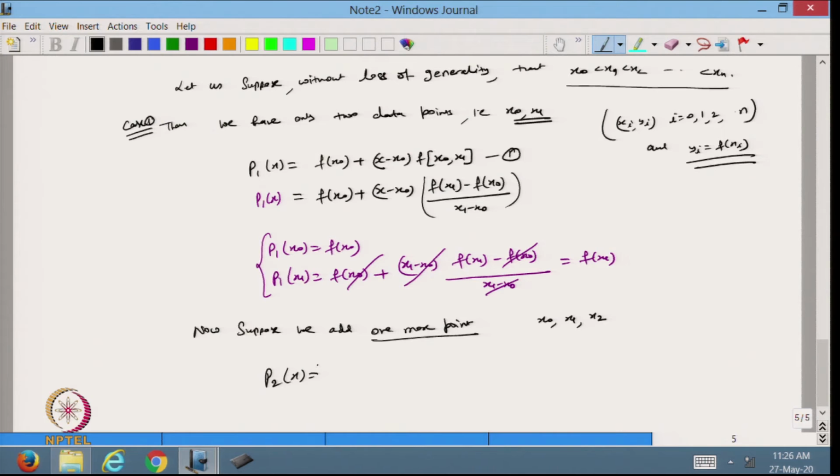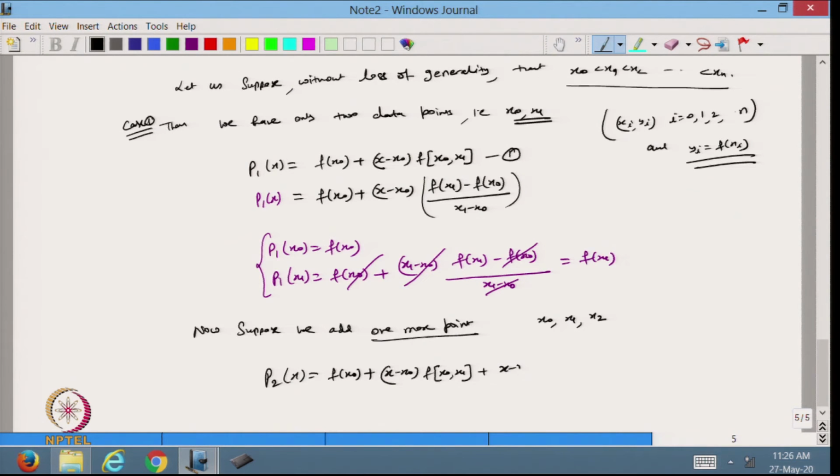So, from here I can write this as f at x0 plus (x minus x0), that is already there, first divided difference f[x0, x1]. So, I know that this was my p1(x). Now, I add one more term.